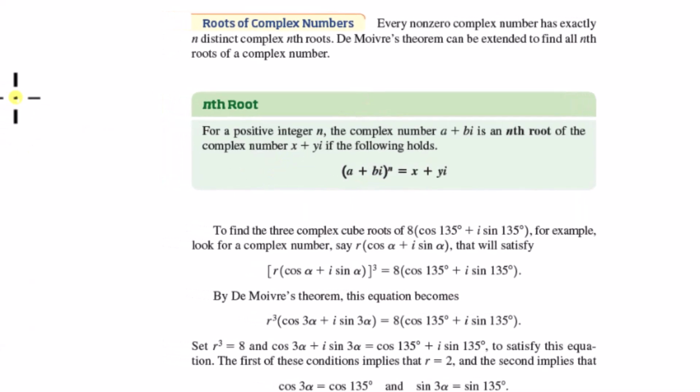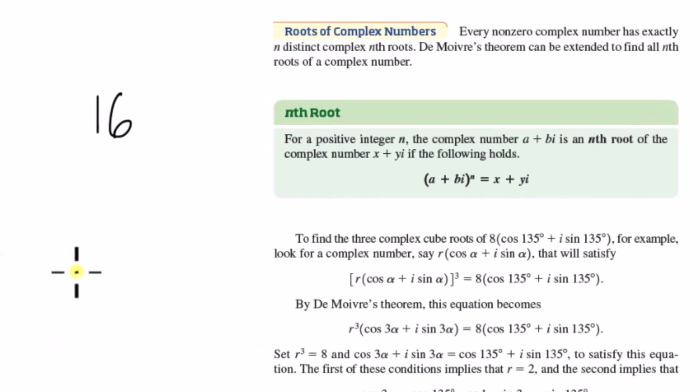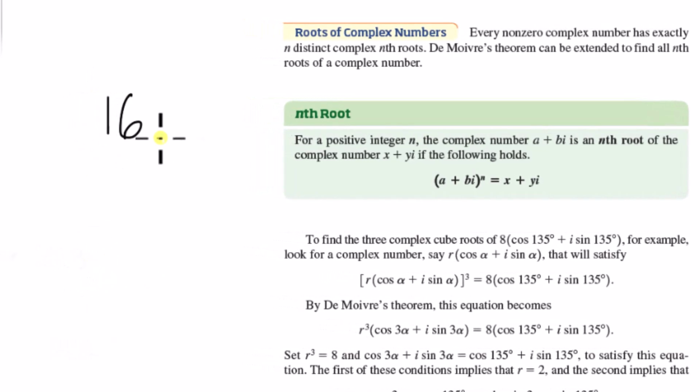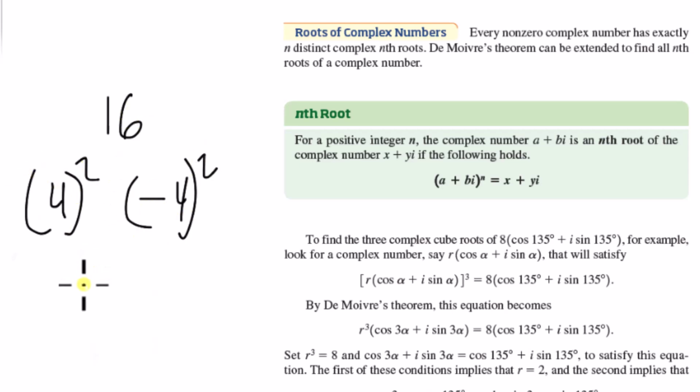We know that if we have the number 16, there are square roots of 16, not principal. We're saying what are all the square roots of 16? There's 2 of them. But how do we know that? Because we know when you square these 2 numbers, you get 16.